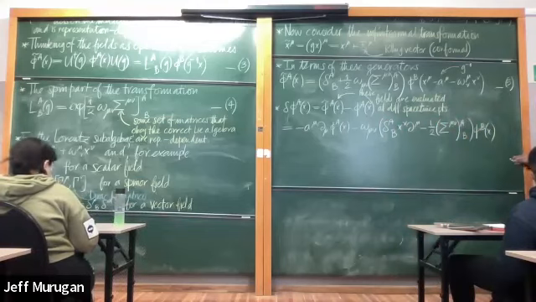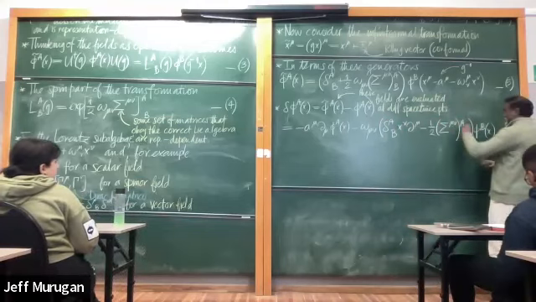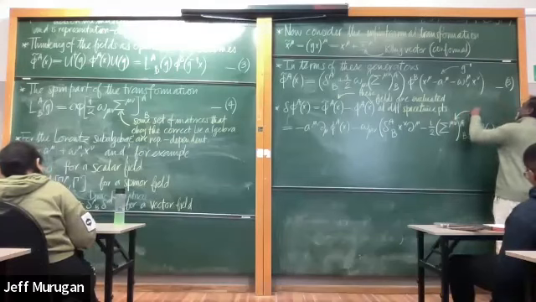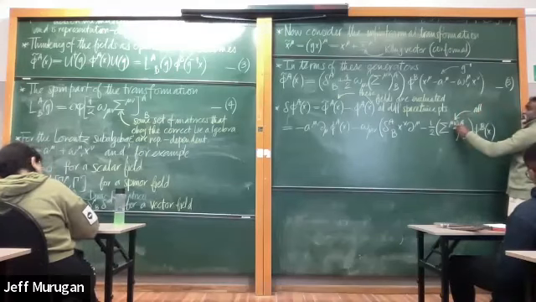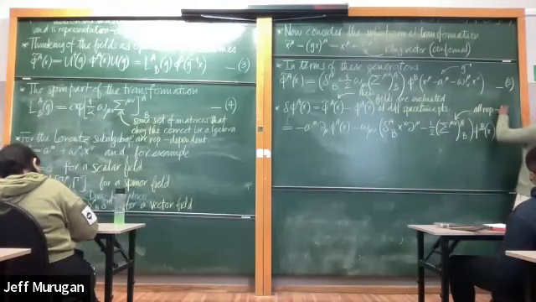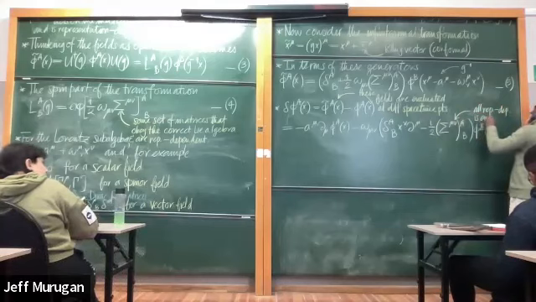The only part that is representation dependent is this spin matrix. All the representation dependence is sitting in here.